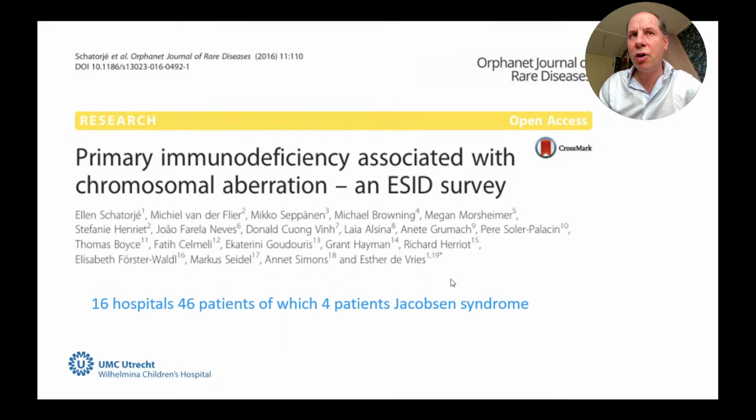But there are a lot more diseases where a chromosome misses a little part or has an additional part. And as a result, you see different symptoms in a patient grouped together and recognized as a syndrome. We have learned that as part of these syndromes, you can also see immune deficiency.